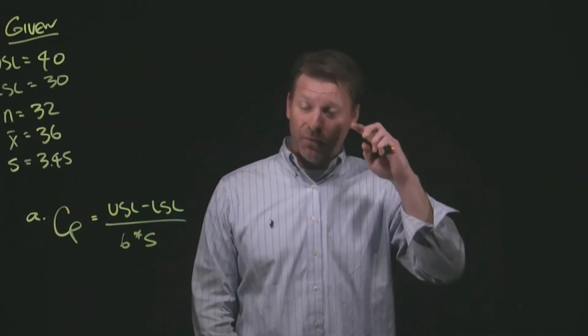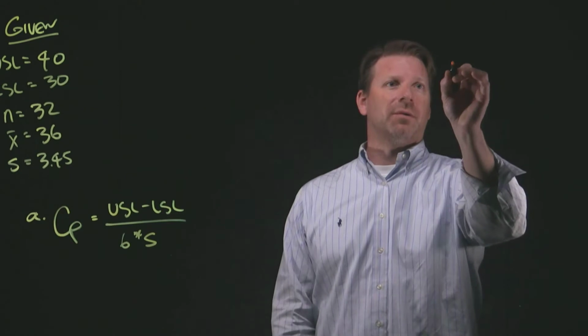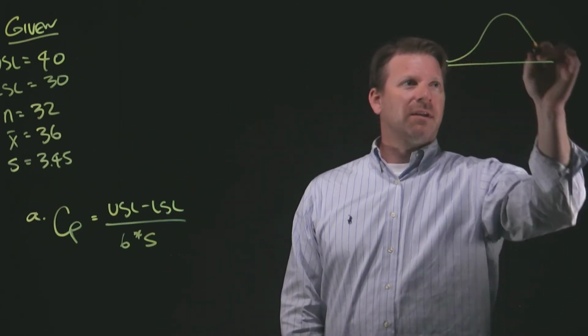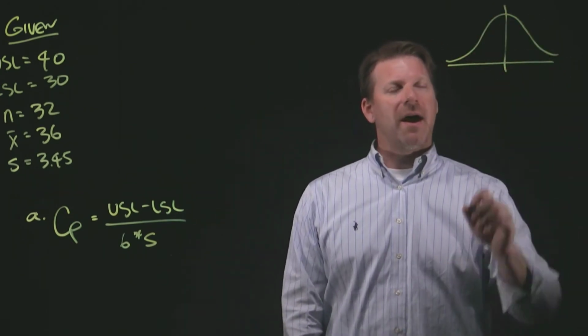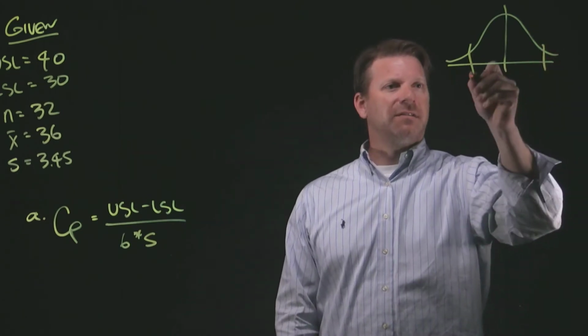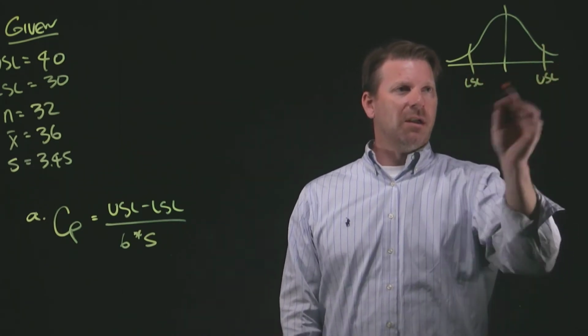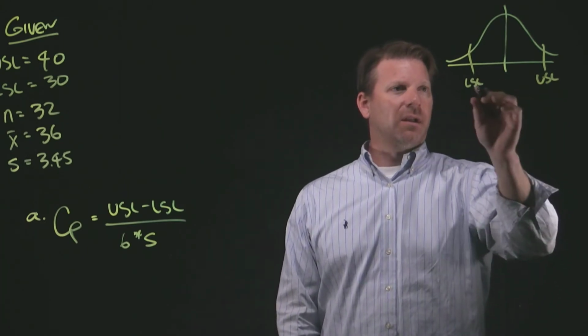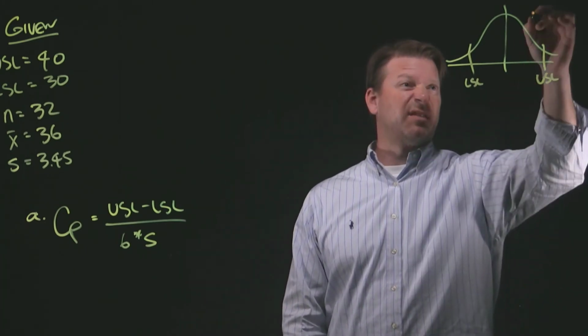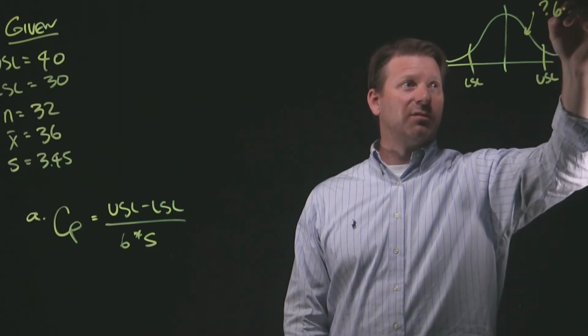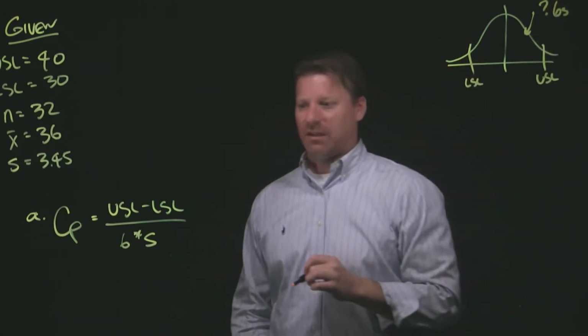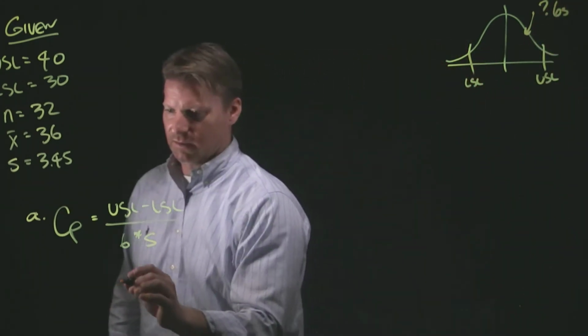All right, simple formula. Basically what we're doing in this first step is saying, I've got some process. It looks like that. If this is my lower specification limit and this is my upper specification limit, irrespective of where it's located, we're going to calculate a number that says how well do 6 standard deviations fit in there? That's the standard we're looking to meet in this calculation.